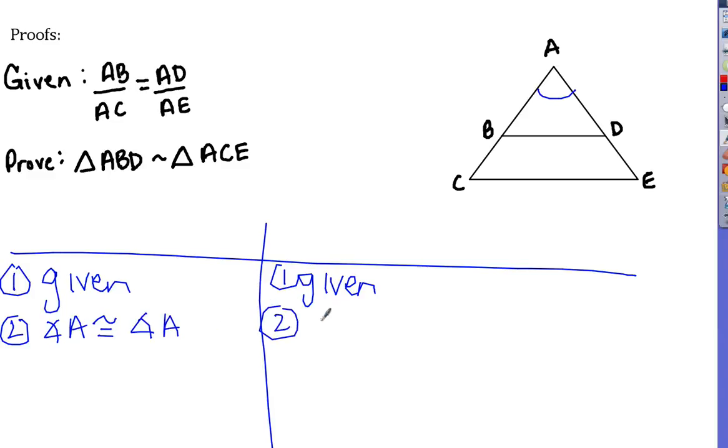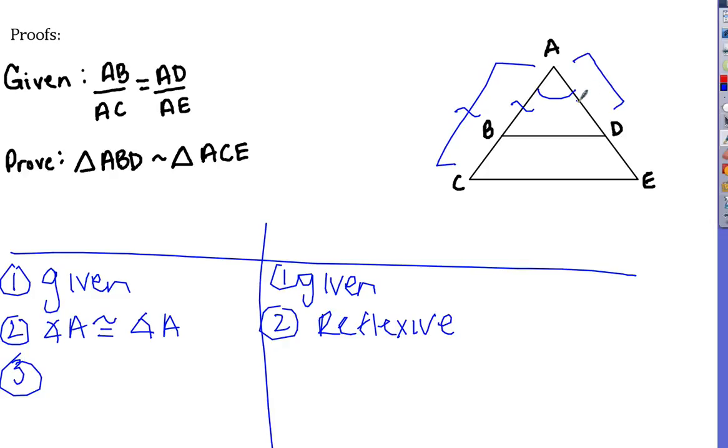So I can say they're congruent by the reflexive property. Then I have that the two pairs of sides are proportional, so AB corresponds to AC, AD corresponds to AE, so I have SAS similarity.